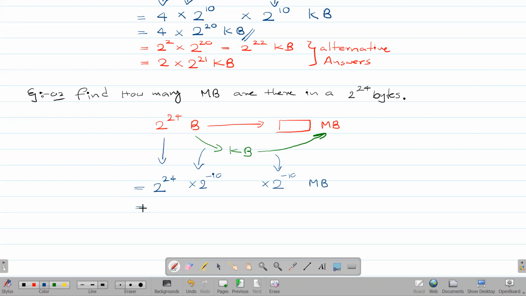So this means 2 to the power 24 into 2 to the power minus 20 megabytes. When multiplying, plus 24 minus 20 gives 2 to the power 4 MB, which means 16 MB.